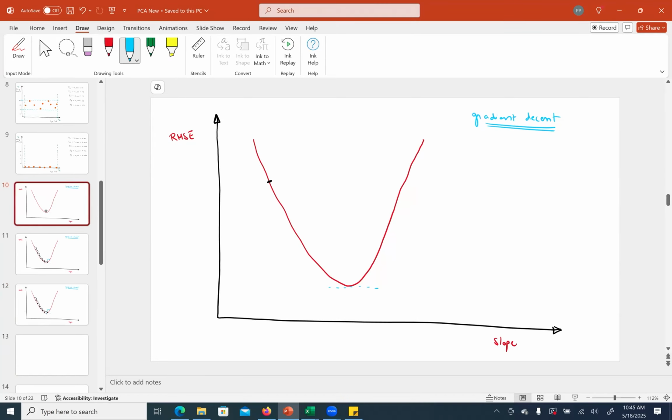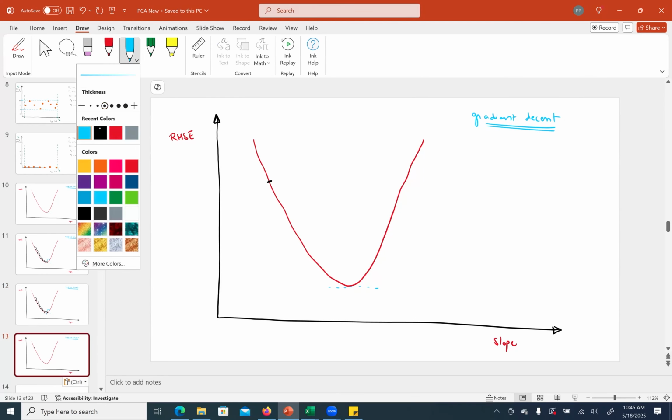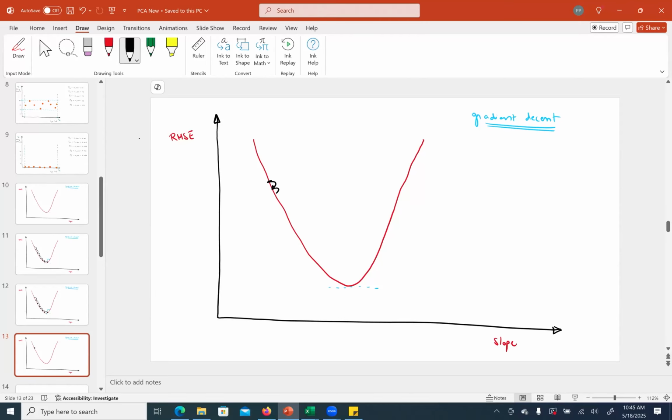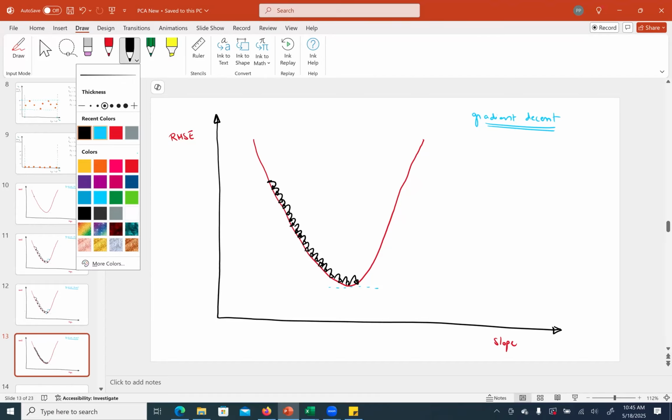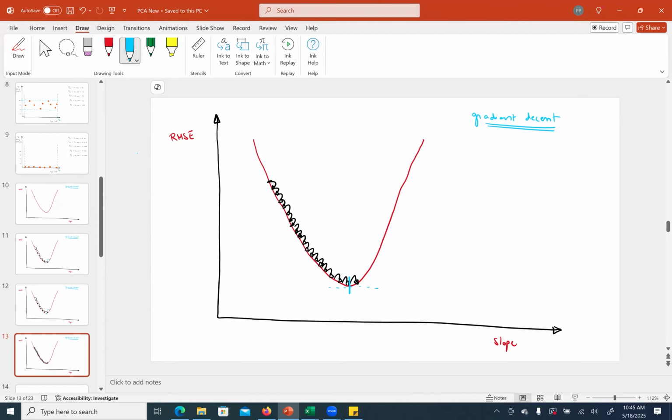So I'm going to take small steps so that I will not miss it. Next iteration here, next iteration here, and so on. And then again the error will start increasing. But this time you will be able to find that after this particular point, it is increasing.